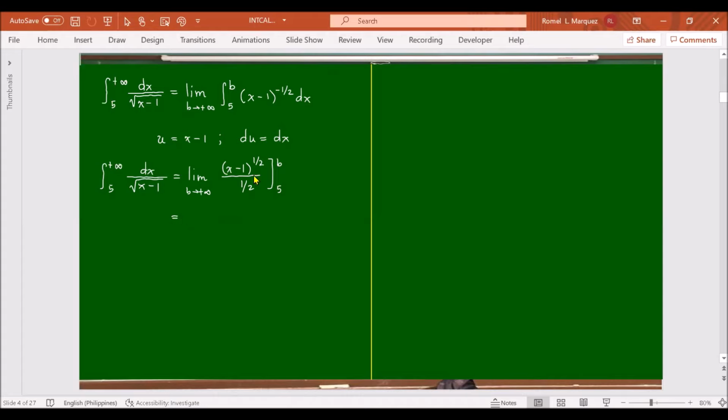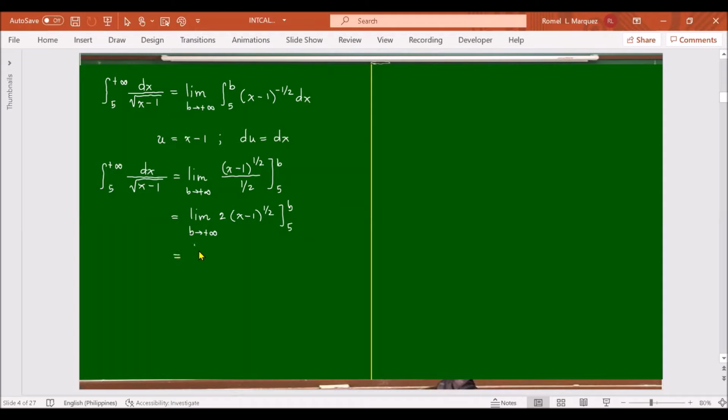So let's simplify. So this is equal to the limit as b approaches positive infinity of 2 times (x minus 1) raised to 1/2, evaluated from 5 to b, okay?